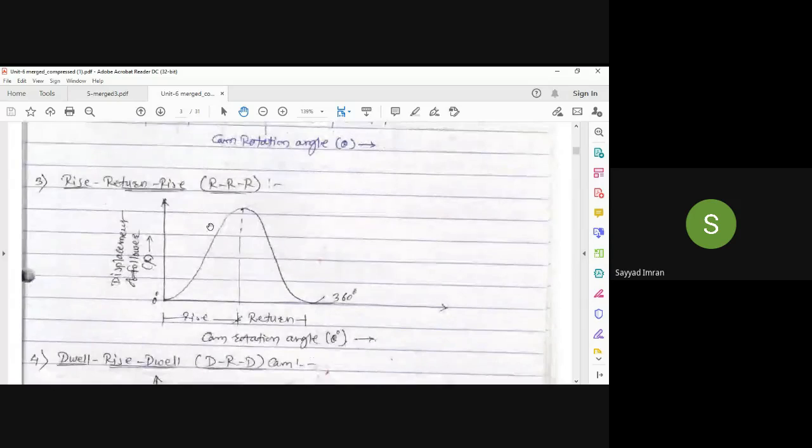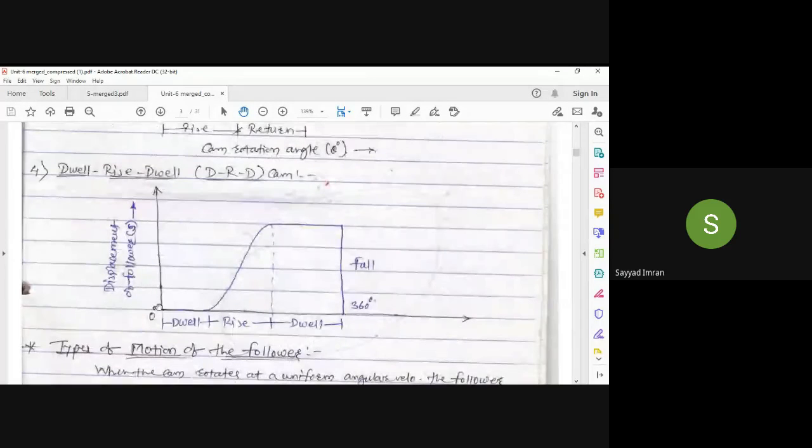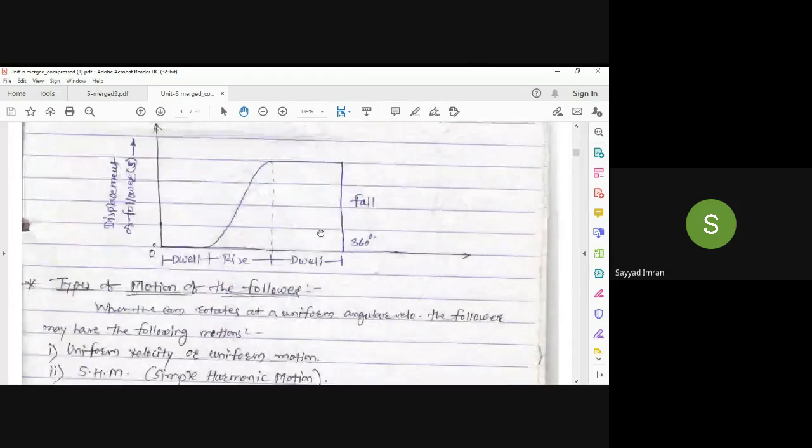Then rise, return, rise: starting from 0, rise, return, and again rise. Cam rotation angle theta and displacement of follower S. And the last one is dwell, rise, dwell, DRD. So these are the types of cam.